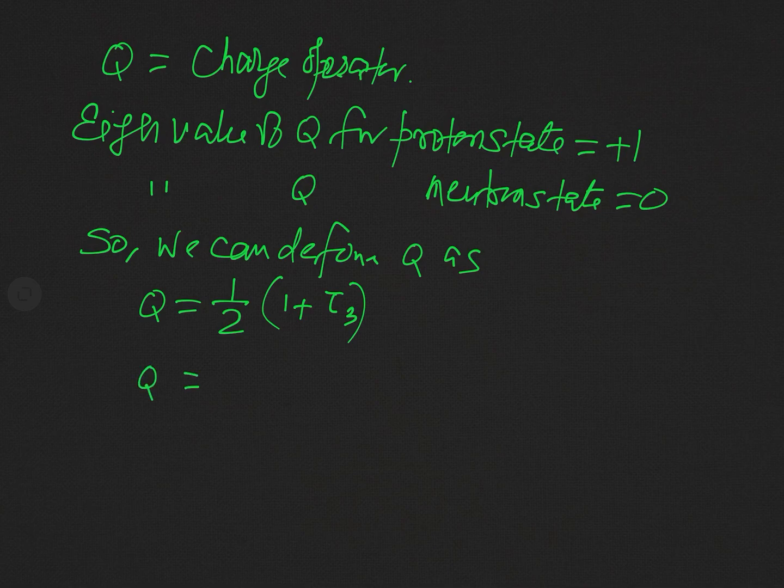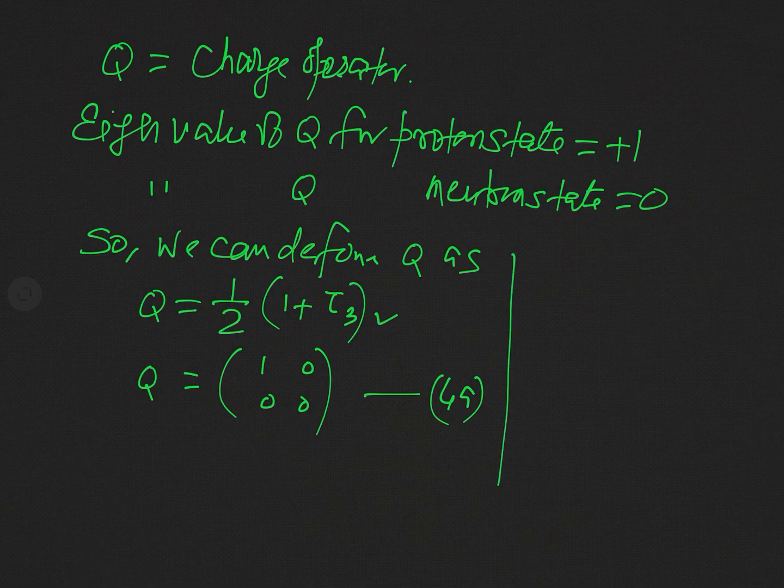And in matrix form, this Q can be written as 1 0 0 0. You can understand why we have defined this operator Q in matrix form like this, and then we can verify this result too.